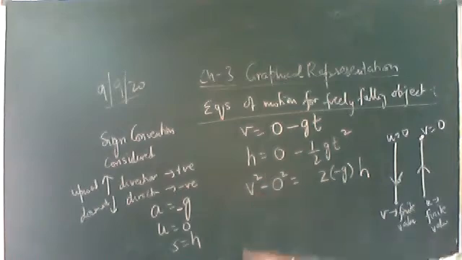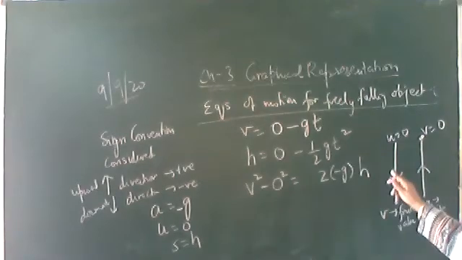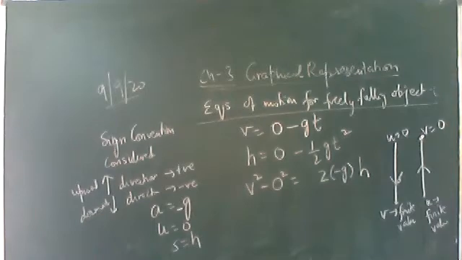Okay, these are the sign conventions which we have considered. It is not necessary to stick to these sign conventions. In numericals, this sign convention becomes very difficult. So in numericals, what do we do? We take the acceleration due to gravity as positive if it is along the direction of motion, and negative if it is opposite to the direction of motion.